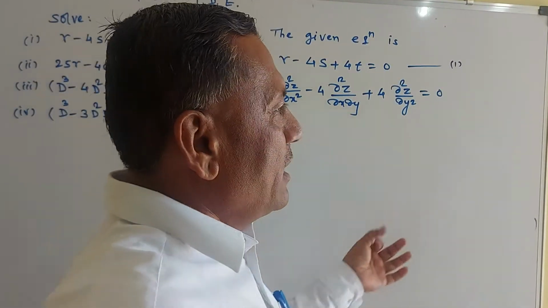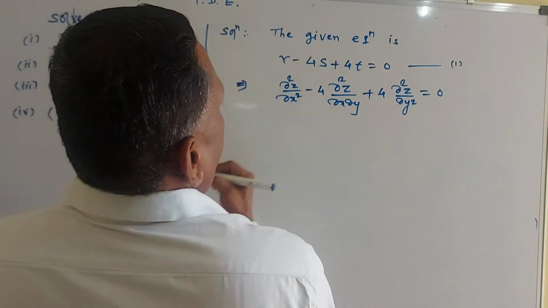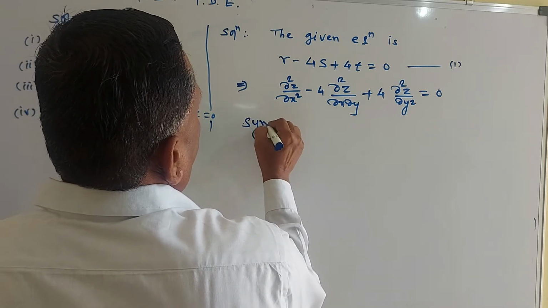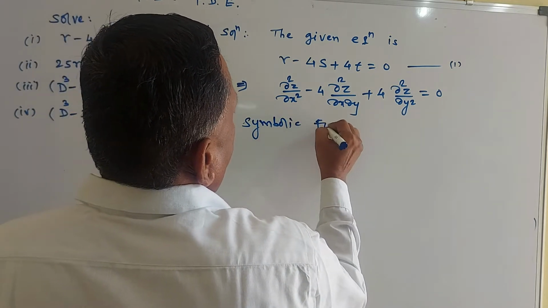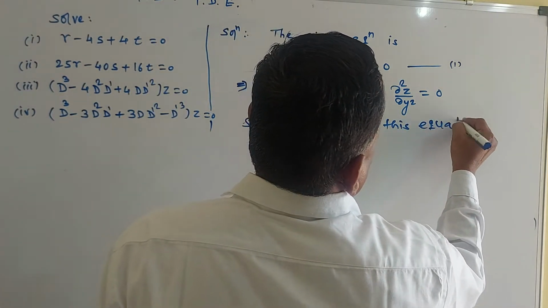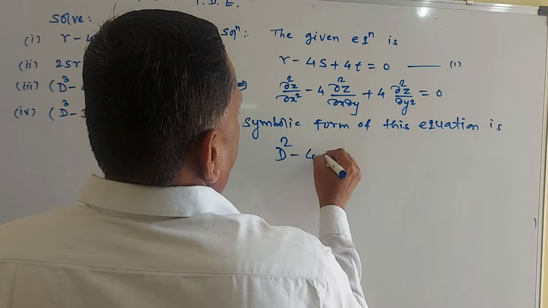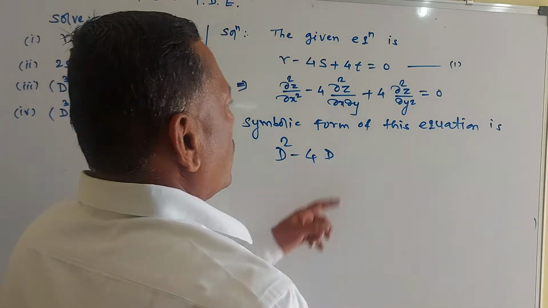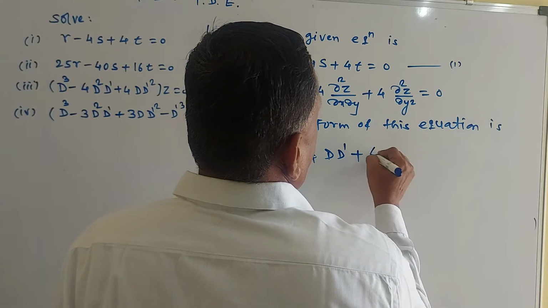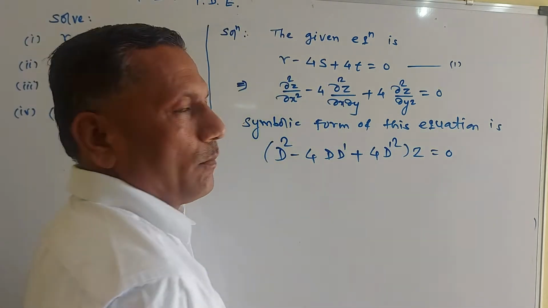You know how to write the solution in each case. Therefore, the symbolic form of this equation is D square minus 4 D D dash plus 4 D dash square operated on z is equal to 0.